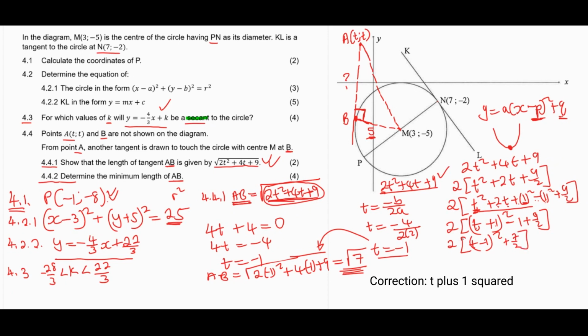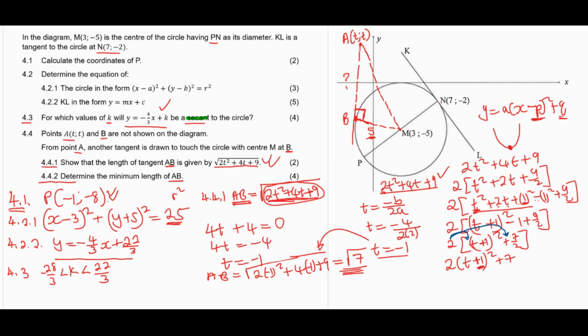Okay, and then we distribute the 2 times the bracket, then 2 times 7 over 2. Then what do we get? We get that this is 2 times t plus 1 squared, then plus 7.